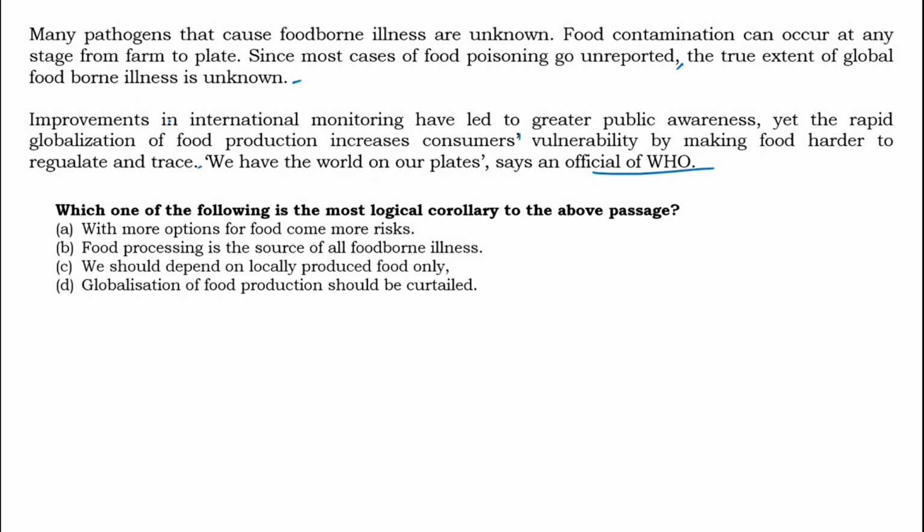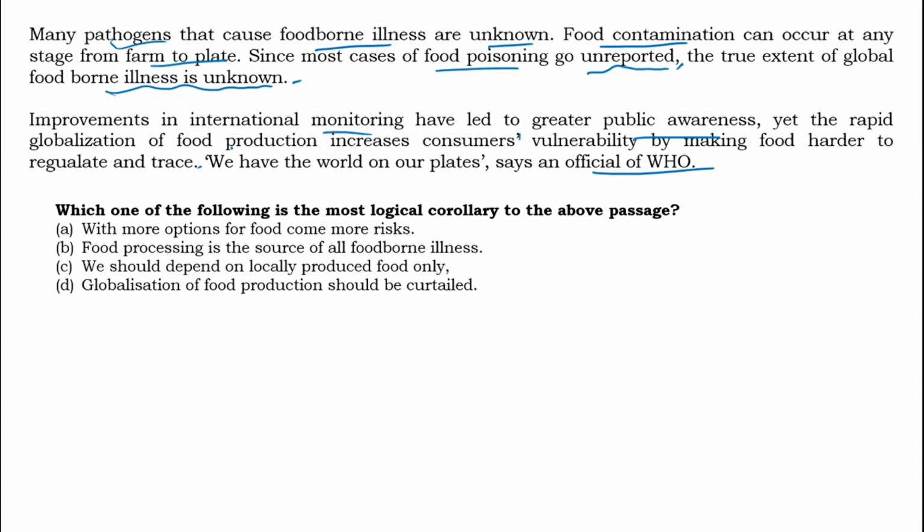So what do we understand from this passage? Many pathogens that cause foodborne illness are unknown. Food contamination can occur at any stage from farm to plate. Most of the cases of food poisoning go unreported. The true extent of global foodborne illness is unknown. Improvements in international monitoring have led to greater public awareness.